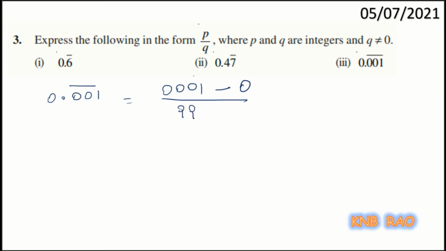So, 1 2 3, periodicity times. So, 0001 means 1 only, 1 minus 0 is 1, upon 999. This will be the P by Q form of 0.001 bar. Okay. This is the simplest way, the shortcut.